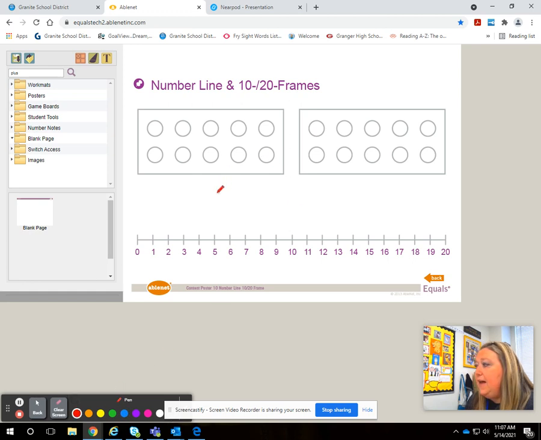What if I had 9 plus 6 equals blank? This time I'm going to be looking at 9 as my first number. I'm going to find 9, and I have to move it 6. So 1, 2, 3, 4, 5, 6. 6 brings me to the number 15.